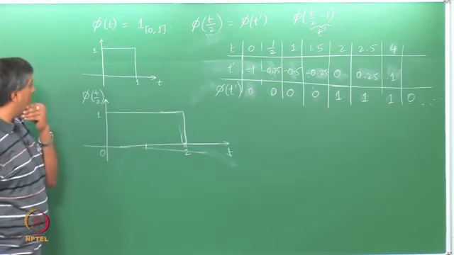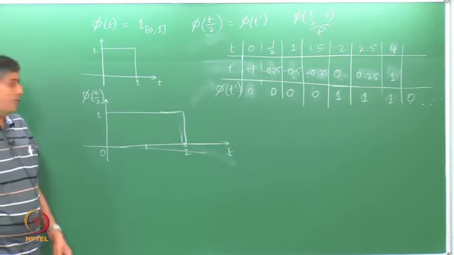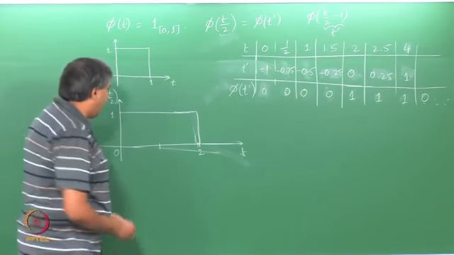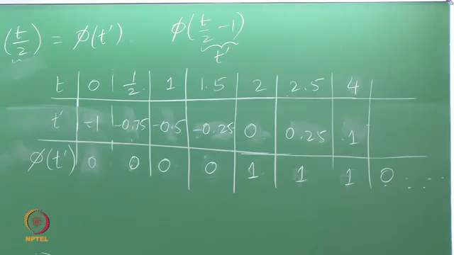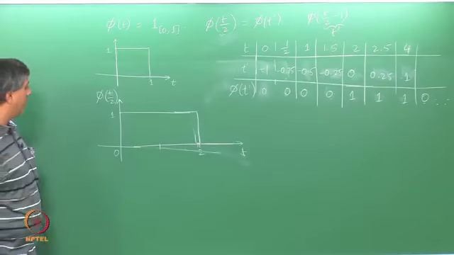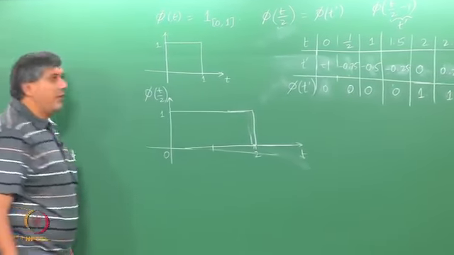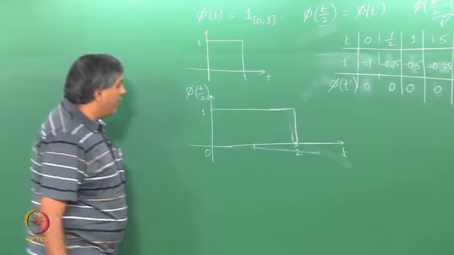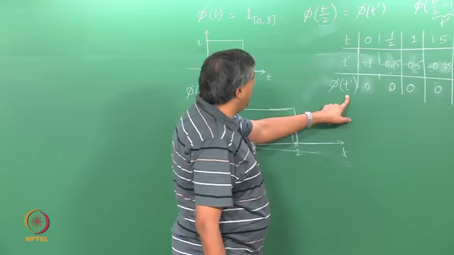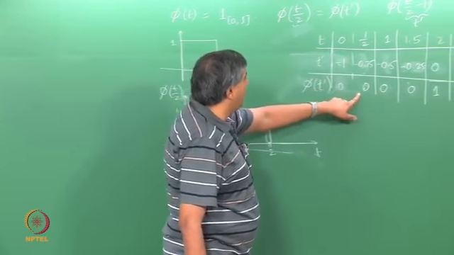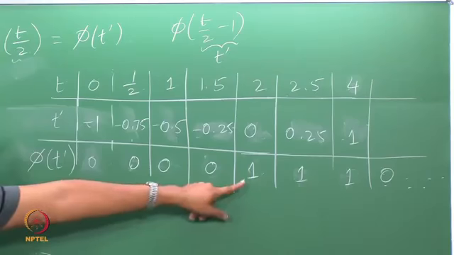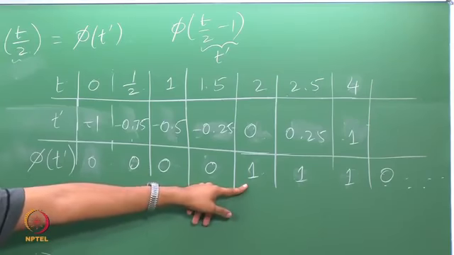Okay. So, how does the plot of phi of t by 2 minus 1 look like? Just for convenience sake, we shall draw here on the same plot. Now, we will use a different color to plot phi of t by 2 minus 1. This table tells me that phi of t by 2 minus 1 remains 0 until t takes on a value of 2, right.